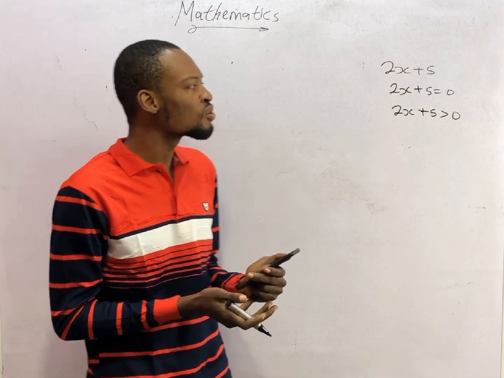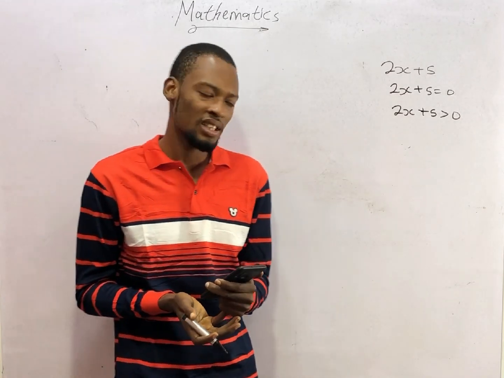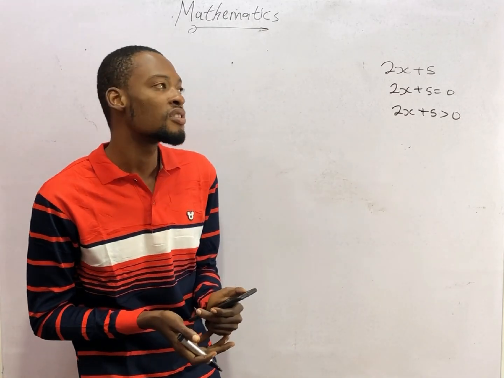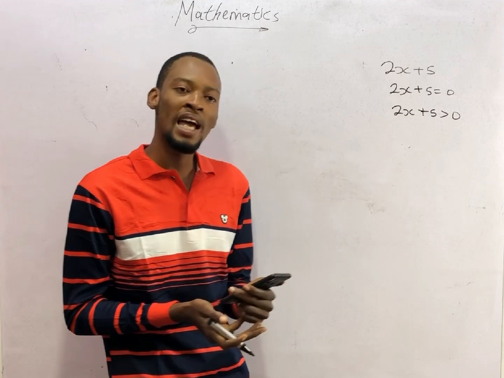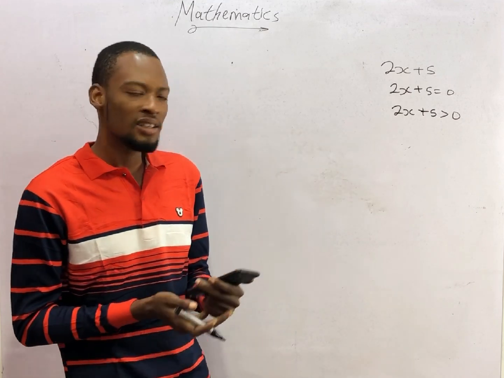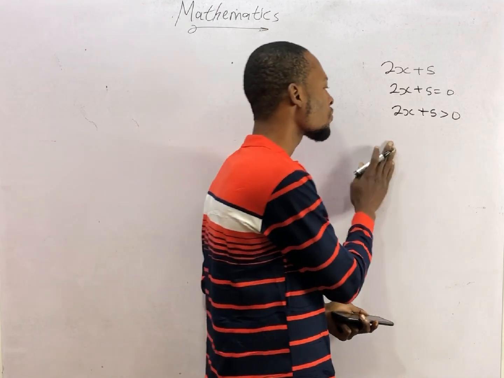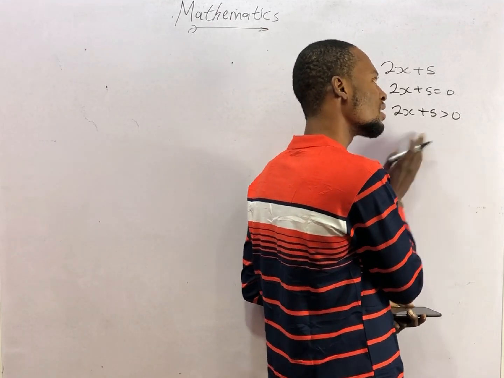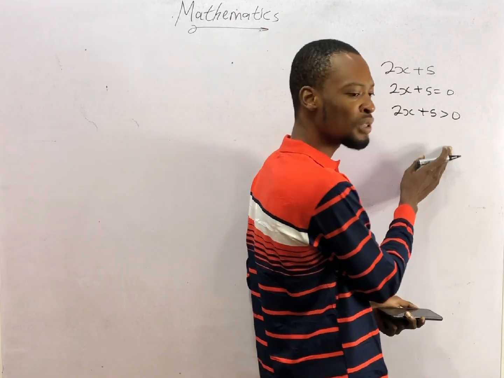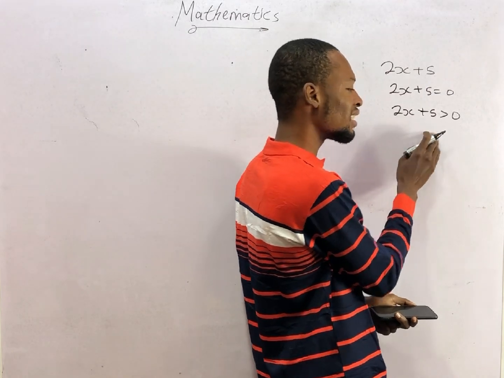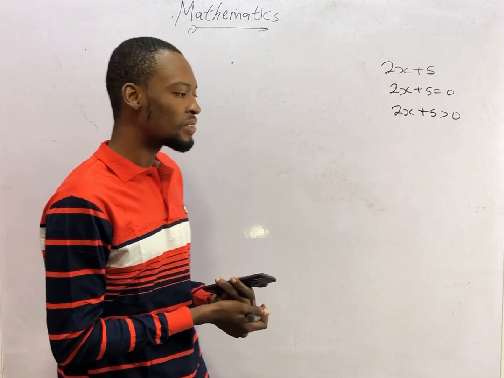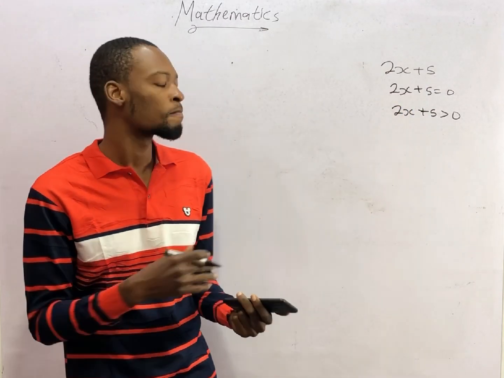The difference between equations and inequality is that in equations, if you multiply both sides by a negative number, the equality sign will remain. But for inequality, if you multiply both sides by a negative number, the sign will change. If it were greater than, it will change to lesser than. If it were lesser than, it will change to greater than.